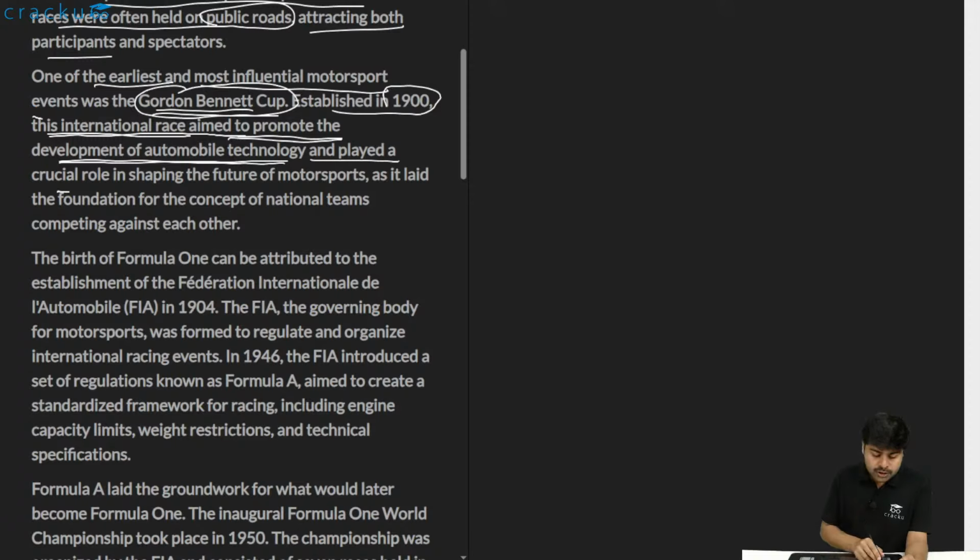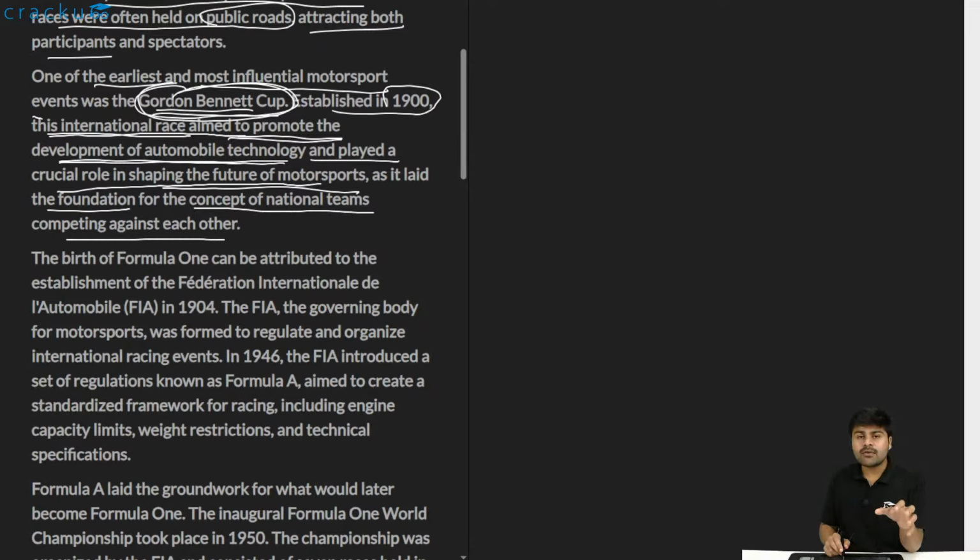And it played a crucial role in shaping the future of motorsports. So the Gordon Bennett Cup ultimately played a role in shaping the future of motorsports, as it laid the foundation for the concept of national teams competing against each other.